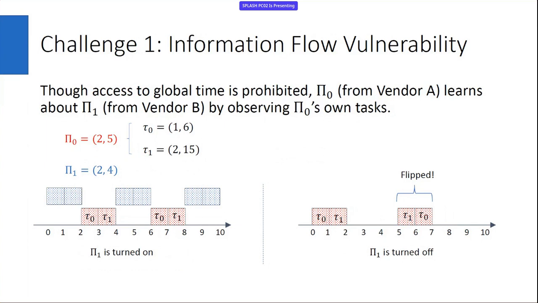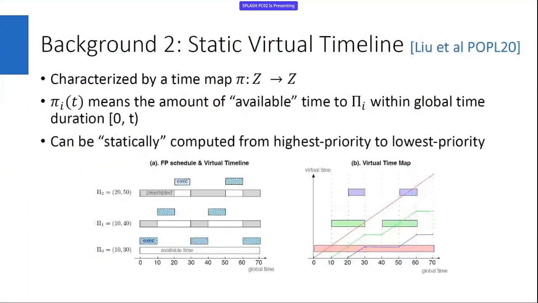So you have to run tau 0 before tau 1. But if there's no blue partition, tau 1 and tau 0 are flipped. If you do that, you might be able to learn knowledge about pi 1 by just looking at the local schedule of this pi 0. That's the kind of information flow vulnerability we want to prevent.